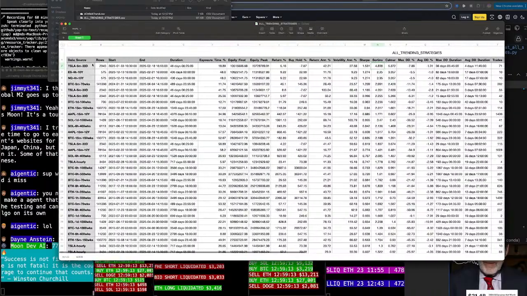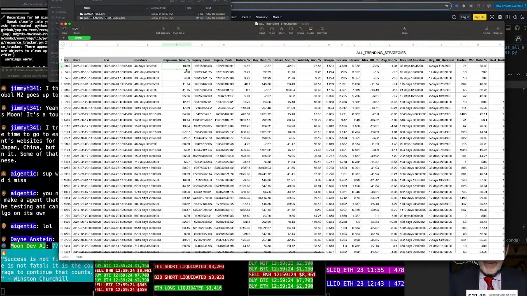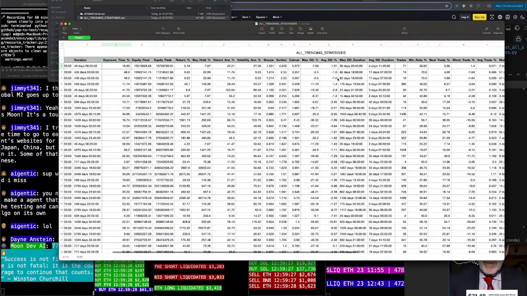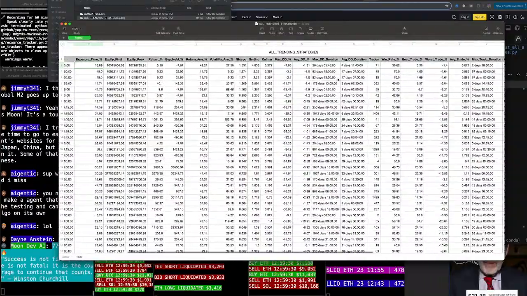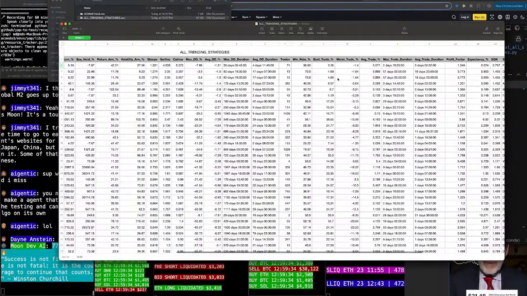Because now I know exactly, okay, the Tesla data source exposure time. There's so many things I can do with this data now. Like, what has the lowest exposure time but the highest ROI? It depends on how you want to chop it up. What's good for your style?